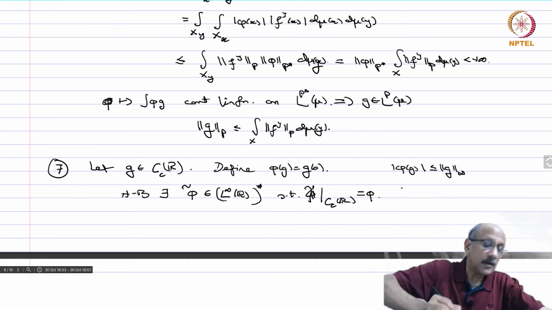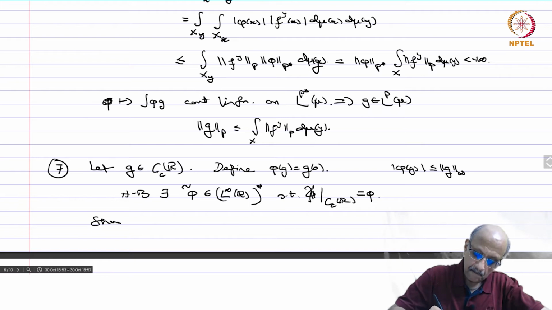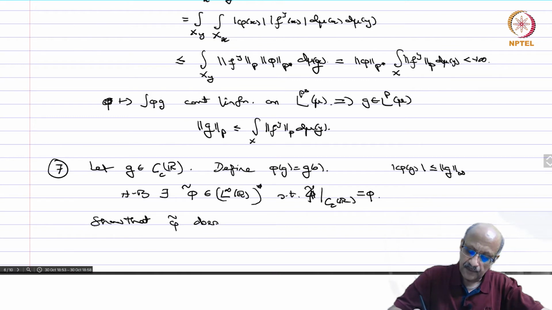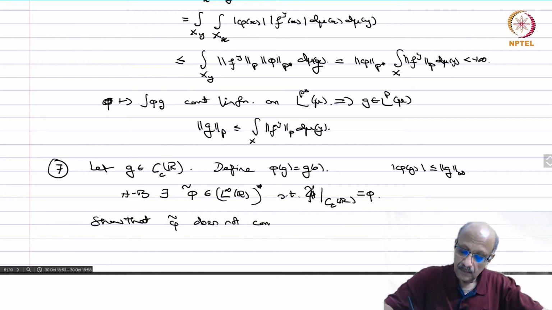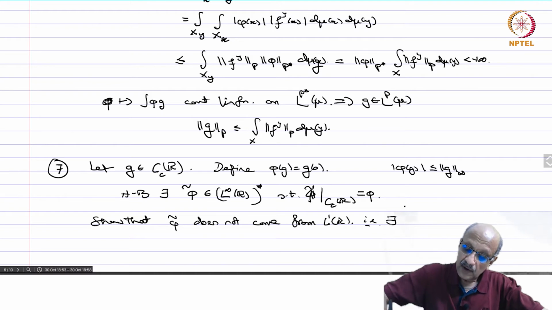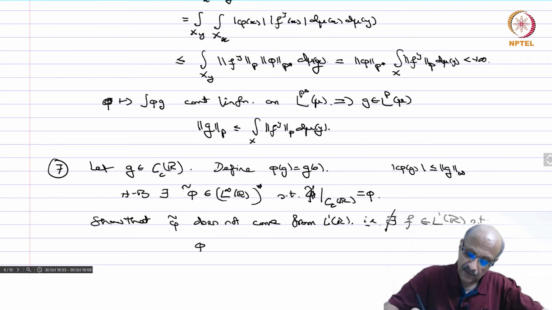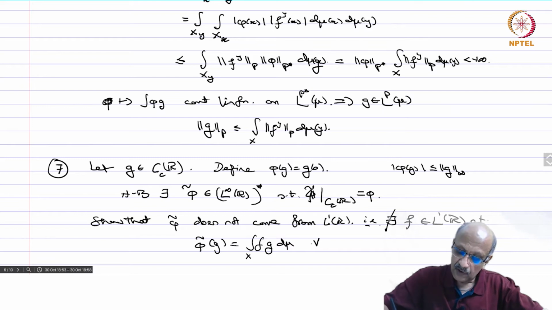Okay, show that phi tilde does not come from L1 of R. That is, there does not exist f in L1 of R such that phi tilde of g equals the integral of f g d mu over x for all g in L infinity of mu.